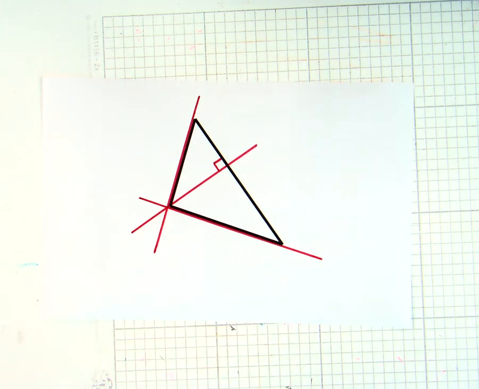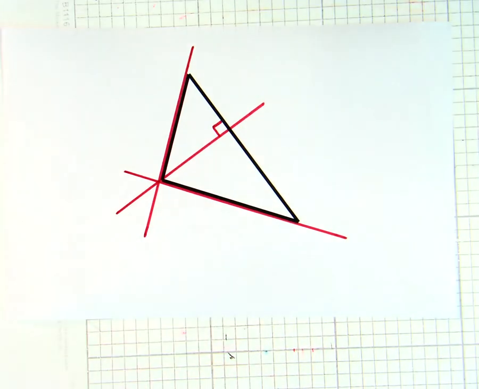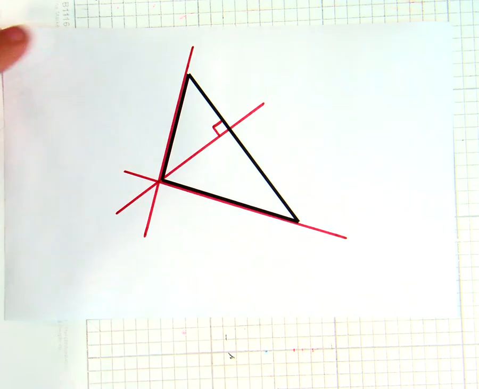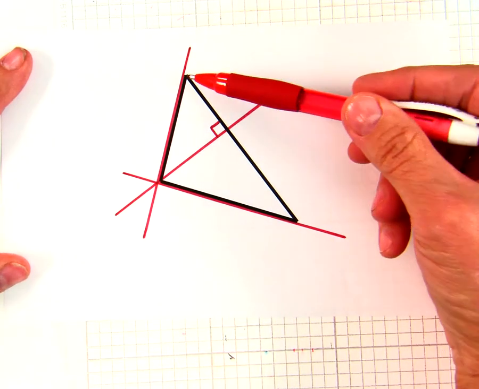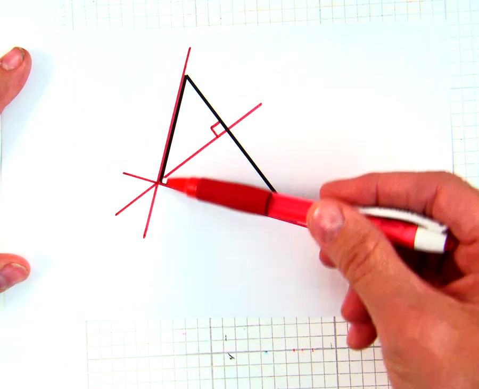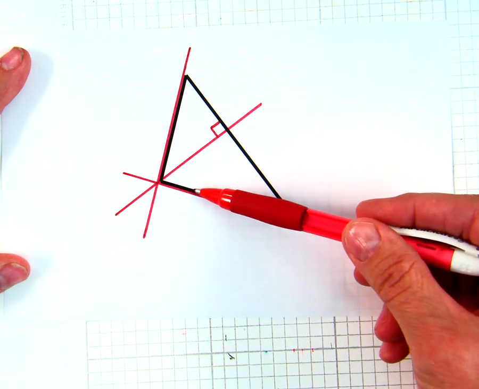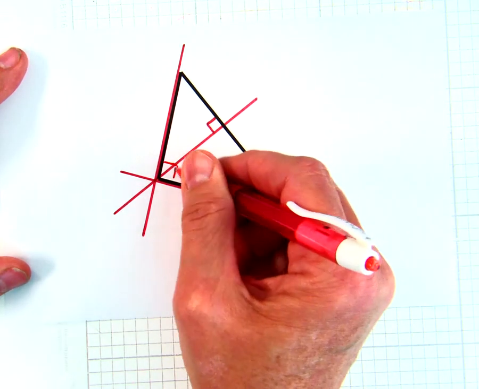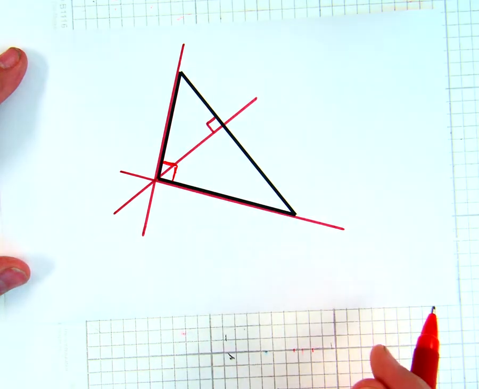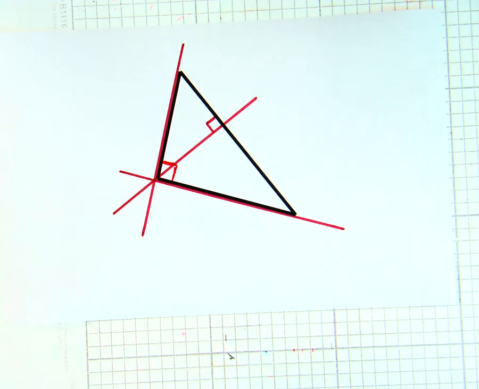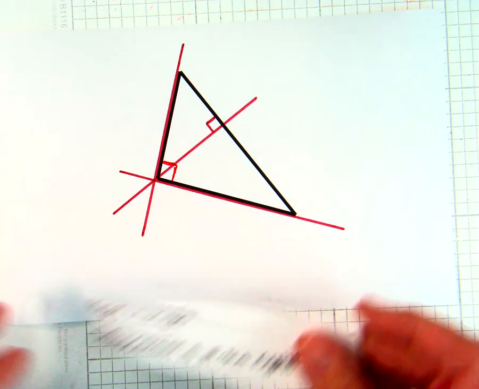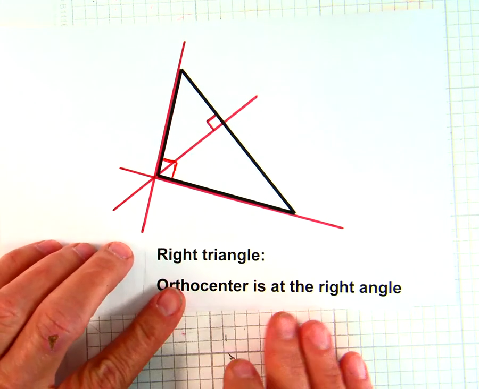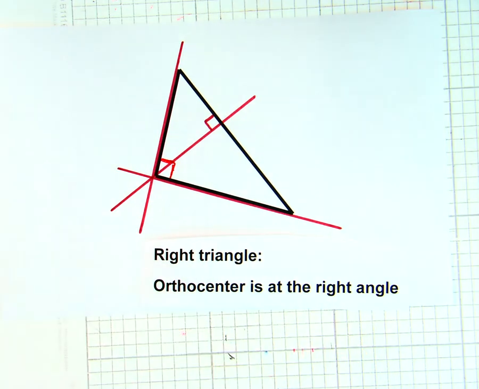It's going to be like this because you must draw from the vertex to the opposite side and be perpendicular. Well, that just happens to turn out here at the right angle. So, with a right triangle, the orthocenter is at the right angle.